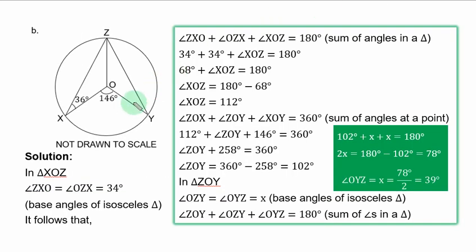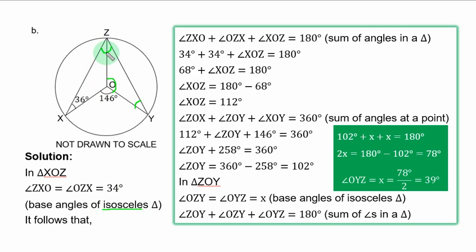Solution. To get this angle, you need this angle and this angle. So you have to start from triangle SOZ, because OS and OZ are radii. It means triangle SOZ is an isosceles triangle, and for that reason the base angles are equal.